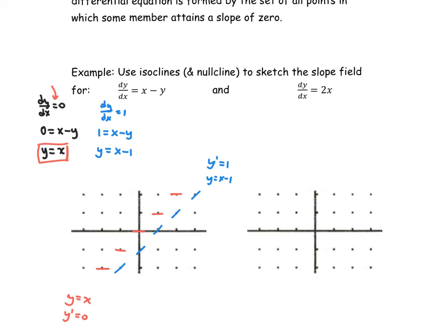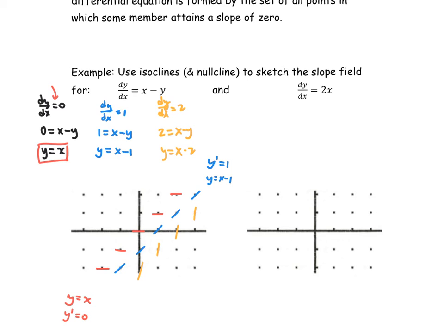You can see where I'm going with this. Of course, you'll notice that if I were to then go with dy dx equal to 2, I set that equal to 2, x minus y, so y would equal x minus 2. Okay, so you're going to see that I'll have a slope of 2, boom, boom, boom, and then you start to see the pattern, right?